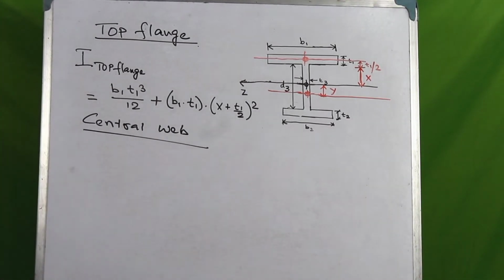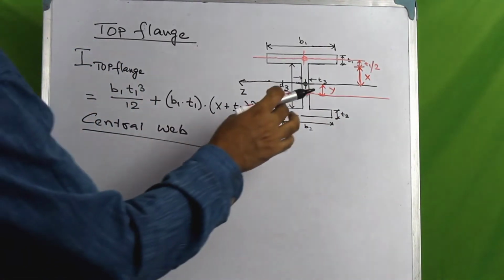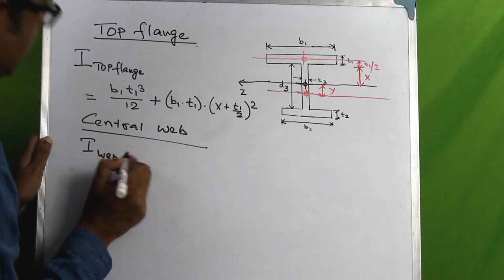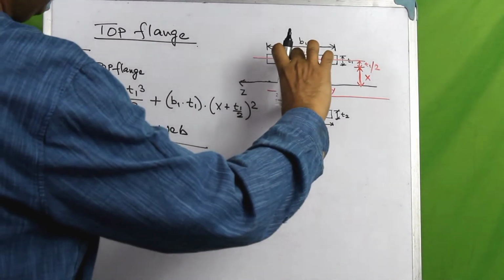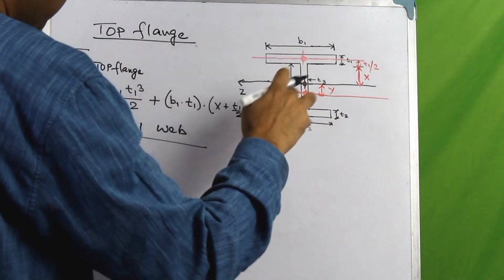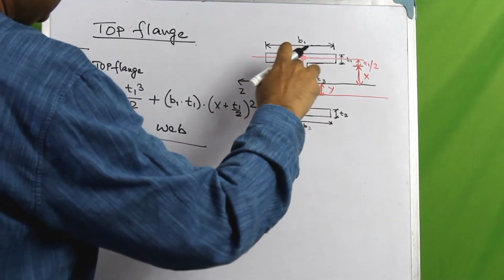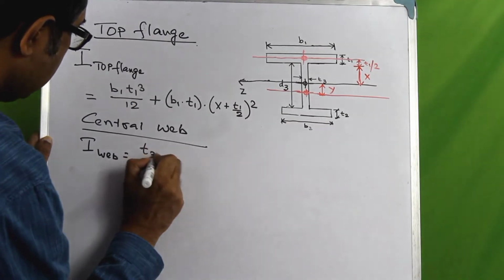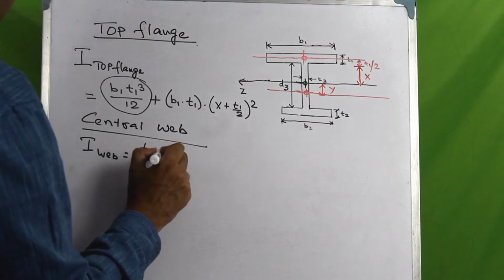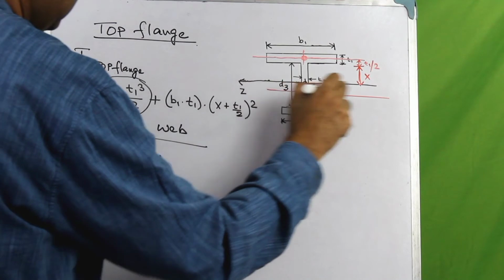So similar to the above, the contribution of this central web to the moment of inertia of the whole cross section would be given by the area of the web, which would be d3 into t3. Sorry, first the moment of inertia about the centroidal axis. Remember this is nothing but the moment of inertia of a rectangular section. Similarly, we want to find the moment of inertia of this rectangular section about this particular axis.